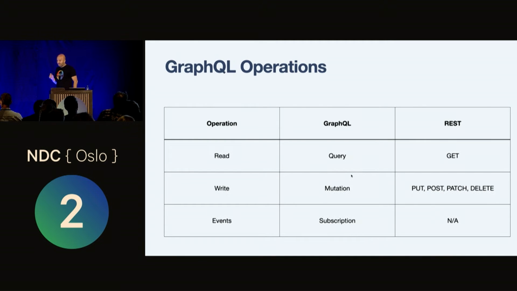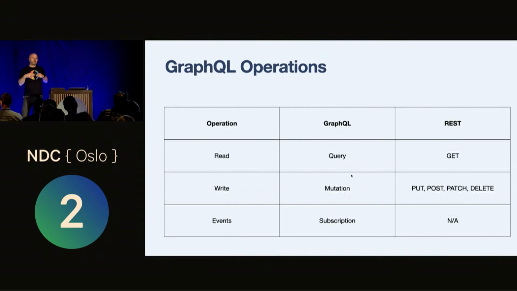Okay, so before we look at the first piece of code, these are the basic 3 operations that you can do with GraphQL. We have read operations, we call them query in GraphQL. And it is basically the GET in REST if you design your REST API well. Then we also have mutations that are write operations causing side effects to our system.